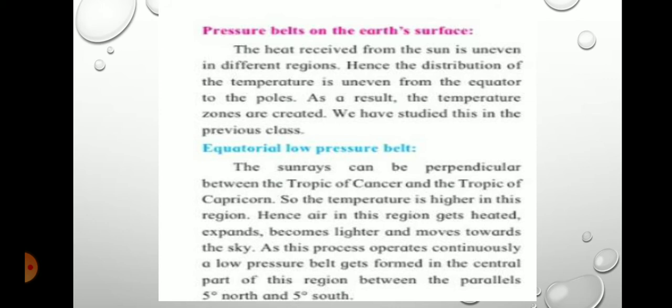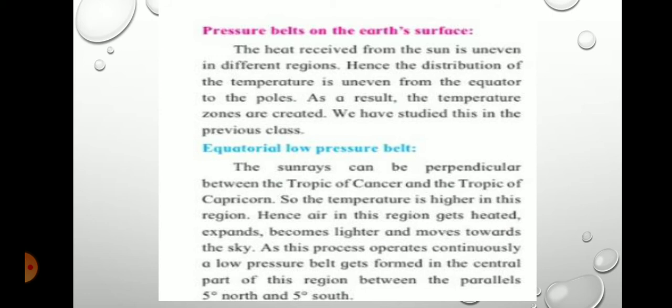Equatorial low pressure belt. The sun's rays can be perpendicular between the Tropic of Cancer and the Tropic of Capricorn, so the temperature is higher in this region. Hence, air in this region gets heated, expands, becomes lighter, and moves upward in the sky.